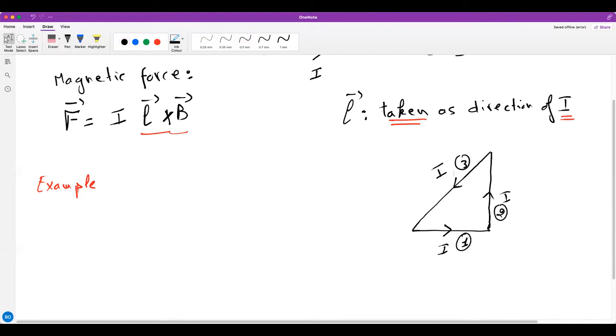Side one and side two have the same length, each one has a length L.